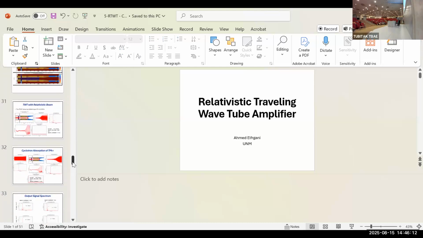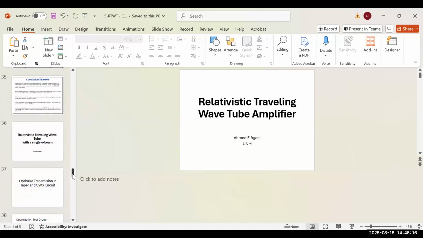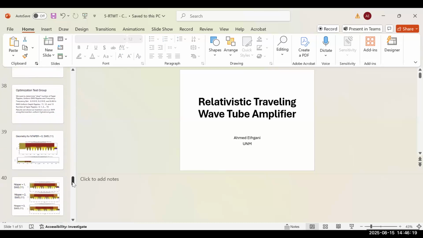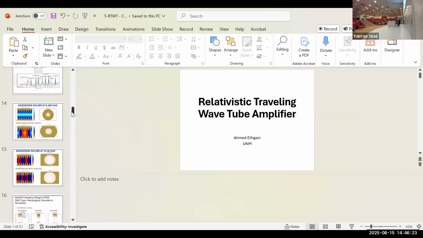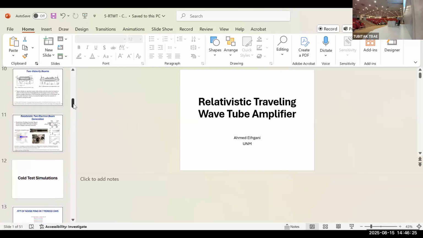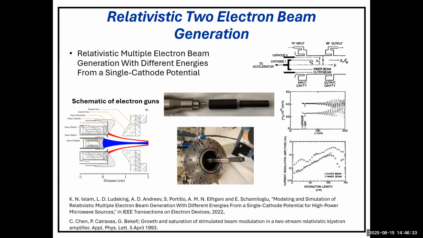Sir, how are two different kinds of velocity electrons generated in your system? Is it a different kind of power supply, or is the electron source structure changing?